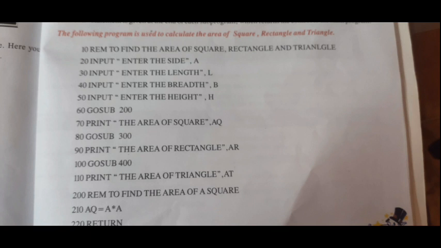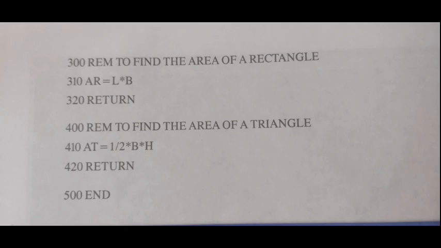Next we will see the area of a rectangle and area of a triangle subroutines. Can you see the 300 subroutine and the 400 subroutine? In every subroutine there is a RETURN statement, so it returns to the main program. At last, at 500, can you find the END? In the rectangle, the area is length into breadth. After calculating, it returns to the main program. Again, GOSUB 400 is called to find the area of a triangle.